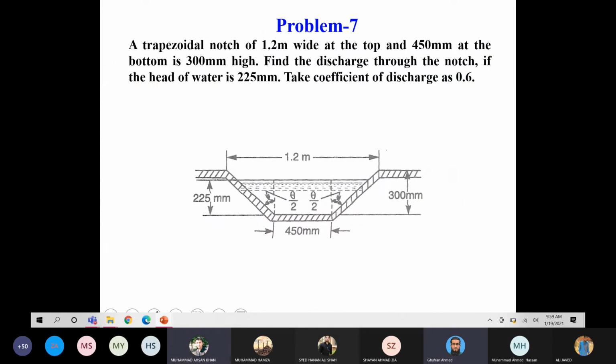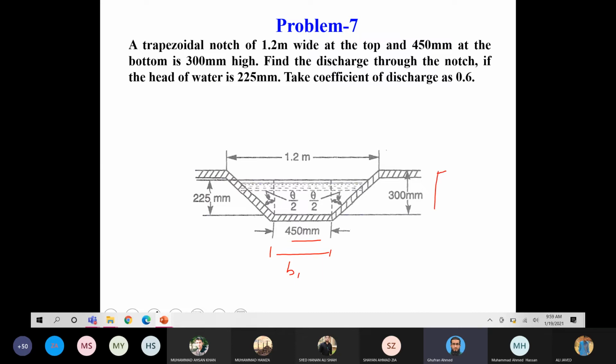Look at this problem. A trapezoidal notch of 1.2 meter wide at the top, total width given, and the bottom is also given, which is 450 millimeter, so we know B for the rectangle notch. The notch is 1.2 meter wide at the top and 450 millimeter at the bottom, and 300 millimeter high.